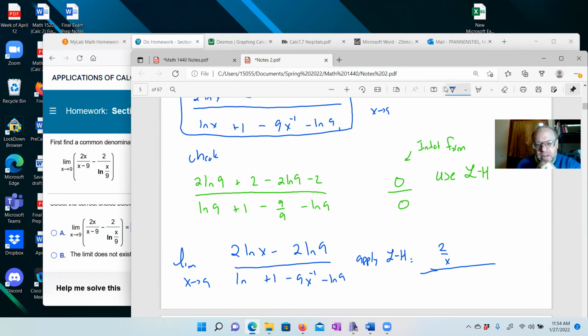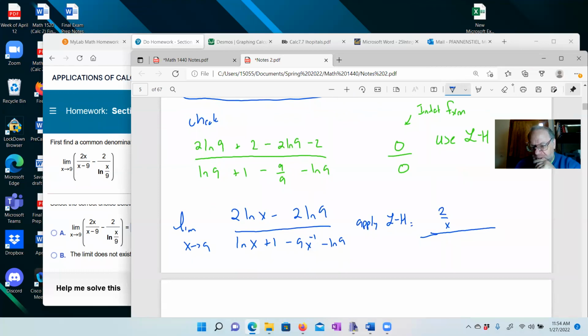Natural log x. What is the derivative of natural log x? 1 over x, right? Derivative of the constant. Okay, take the derivative here. So that's going to be a plus 9x to the negative 2. Okay, and then minus a constant, just there.